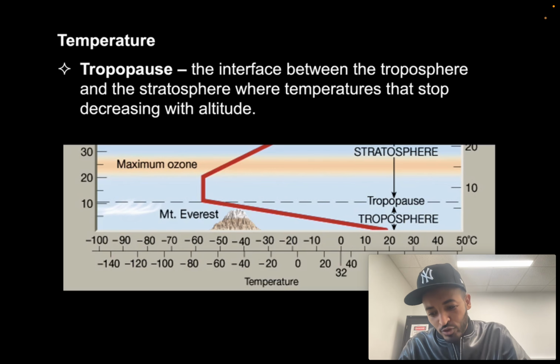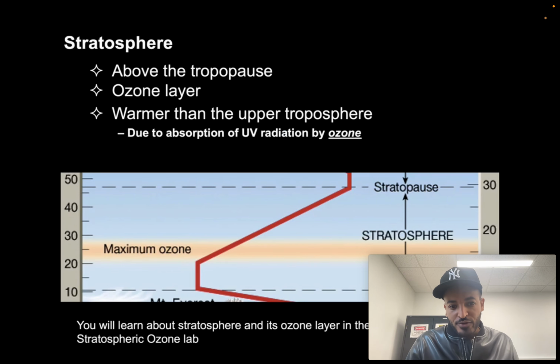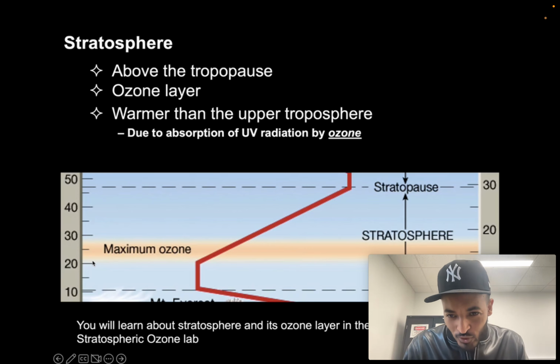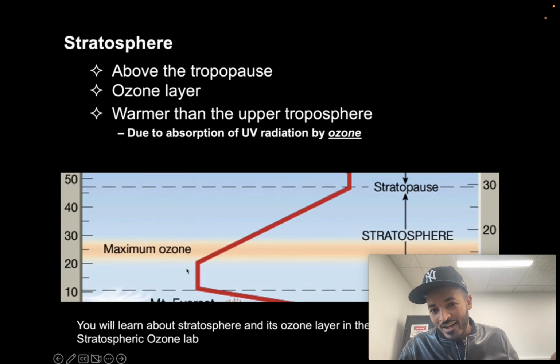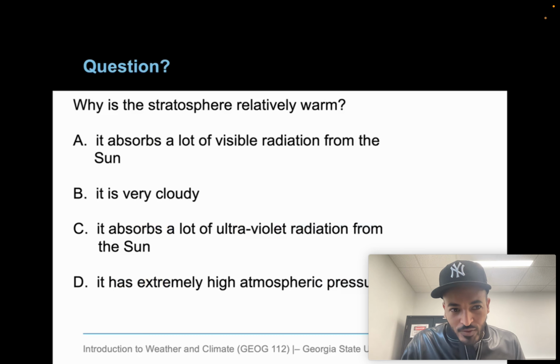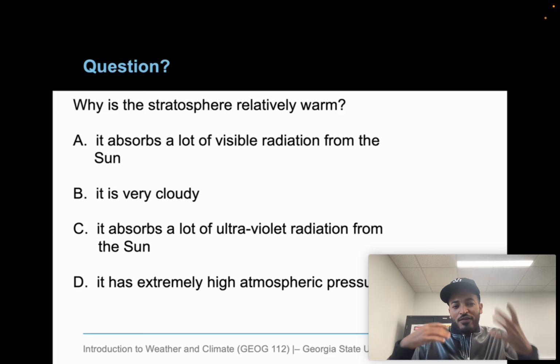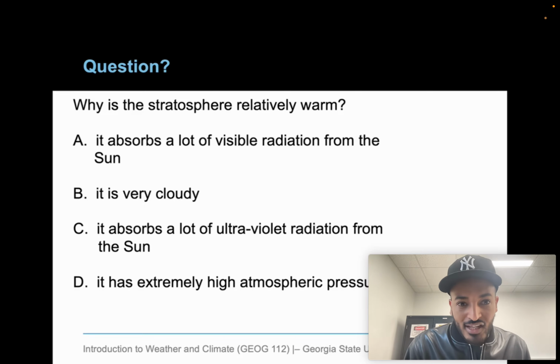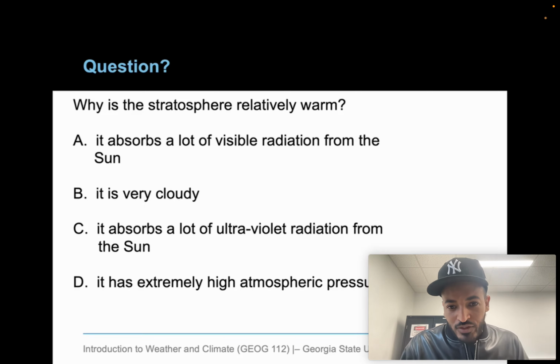Then we have the stratosphere. In the stratosphere, where we have maximum ozone concentration, we have a more or less constant, relative increase in temperatures. And so if I ask you, why is the stratosphere relatively warm, the only reason is because it absorbs a lot of the UV radiation that comes from the sun, right?